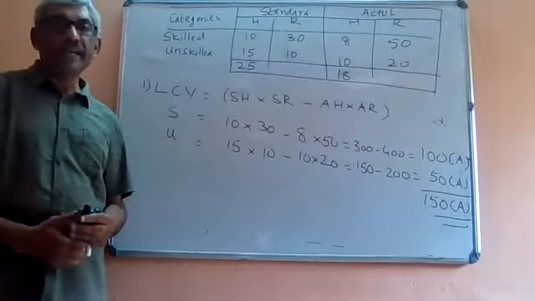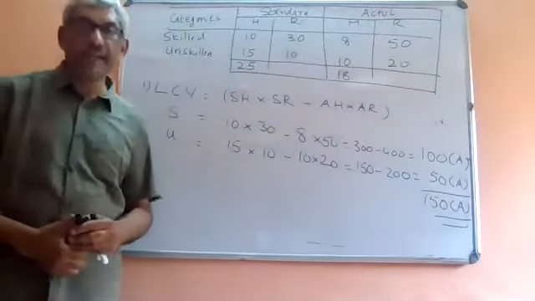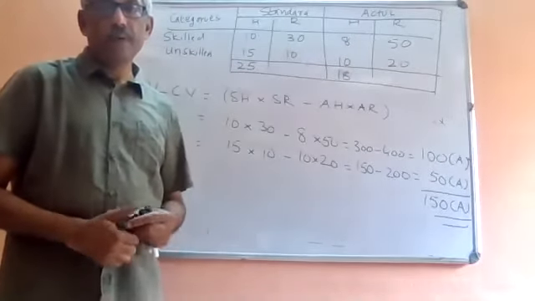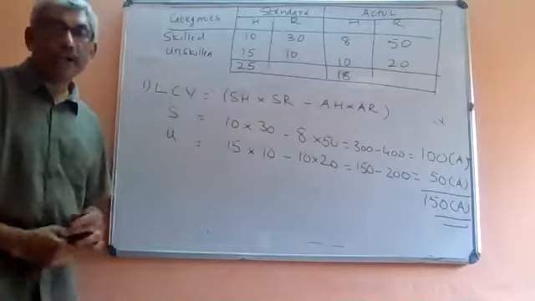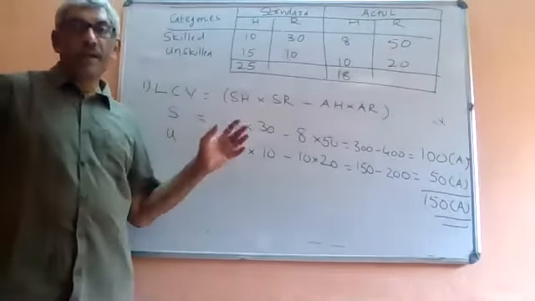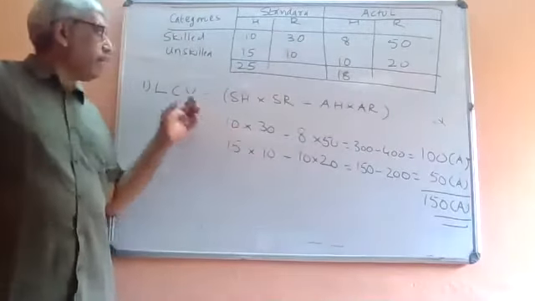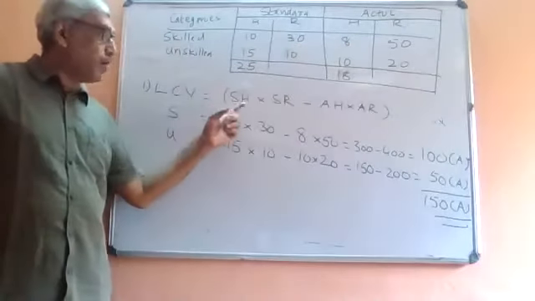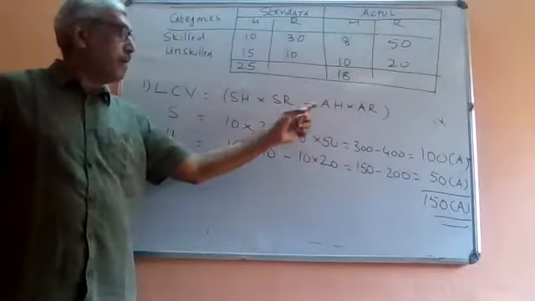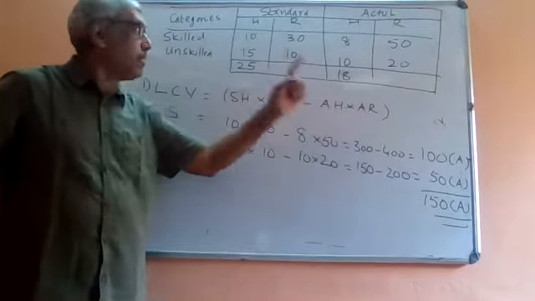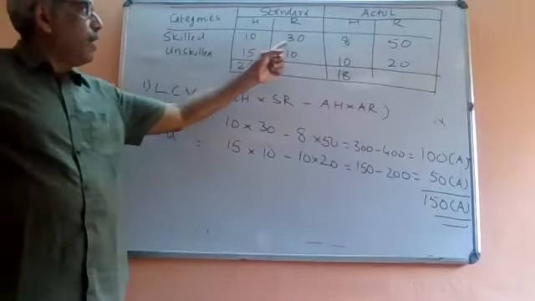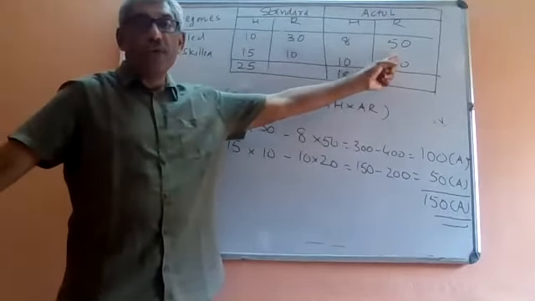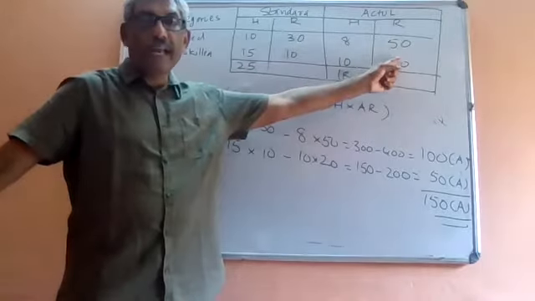So the first thing is, one second, some people are joining. Those who have joined late, once I am explaining, the first thing is you have to calculate labor cost variance. It is standard hour into standard rate minus actual hour into actual rate for skilled.